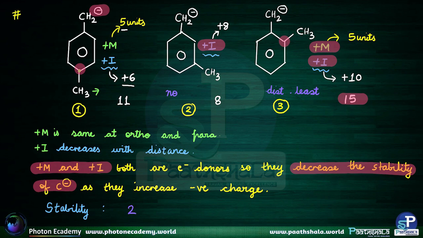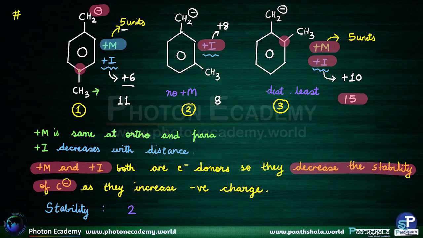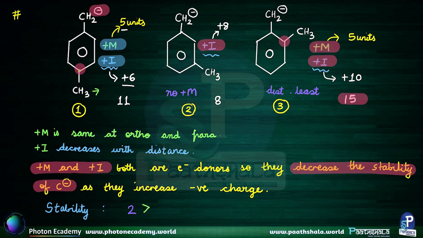It is only giving electrons by a plus I effect. In the first one, we have got plus M as well as plus I, but the plus I is giving fewer electrons because it has a greater distance to cover. So the stability order is 2 is greater than the first one, which is greater than the third one.